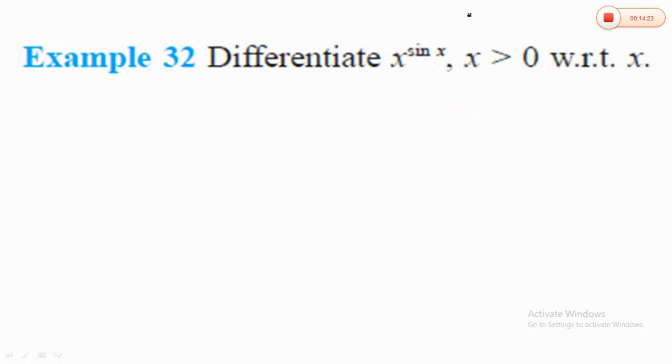Differentiate x raised to sin x. It is also a simple one. y equal to x raised to sin x. Here sin x is in the exponent, so it is a function raised to a function form. Therefore, consider log, taking log on both sides.